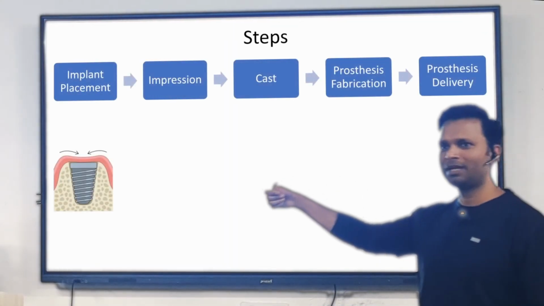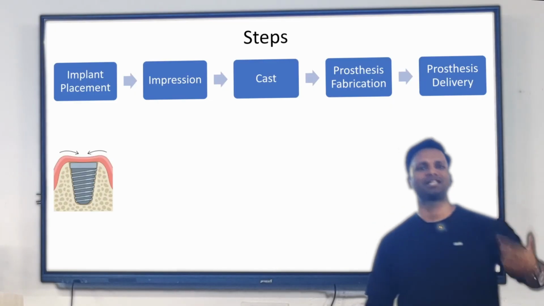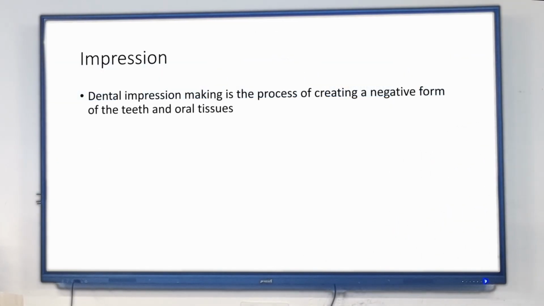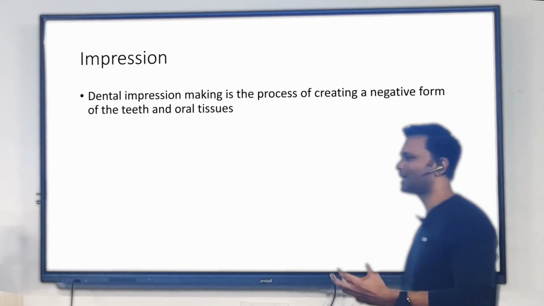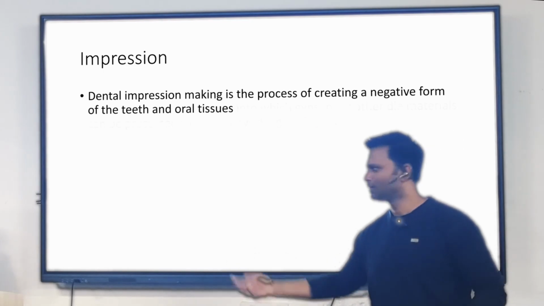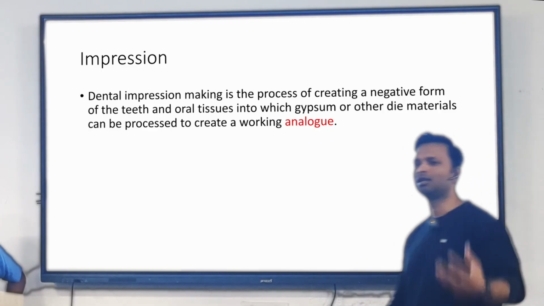So implant placement is done. We have prepared the soft tissue to receive the prosthesis. Now we have to go for impression. Impression by definition, dental impression making, is the process of creating a negative form of the teeth and oral tissue. Why do we want to create a negative form? Into which gypsum or die material can be processed to create a working analog.